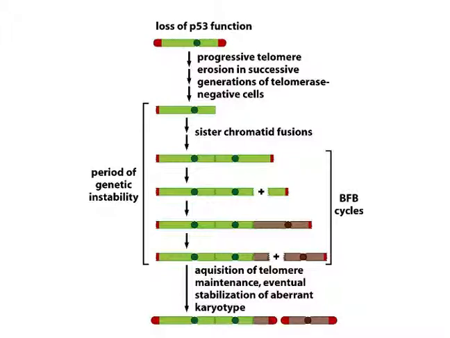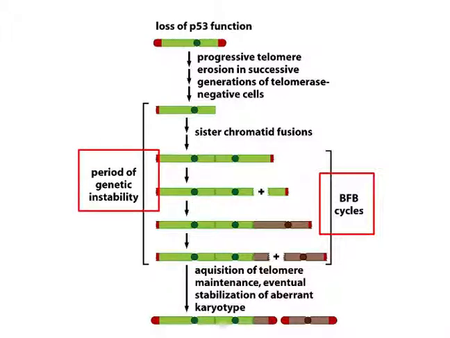Loss of p53 function contributes to genomic instability, since damaged telomeric ends would trigger p53 activation and halt the cell cycle. Thus, loss of p53 is thought to contribute to genomic instability by promoting telomere shortening upon successive replication, leading to the formation of sister chromatid fusions, which then are broken and then fused and then broken and fused again and again as the cells divide.